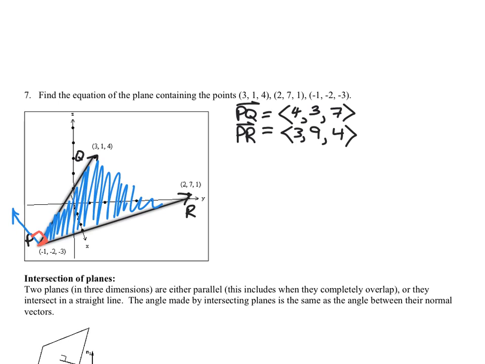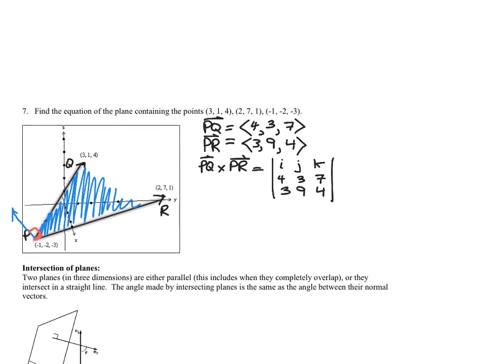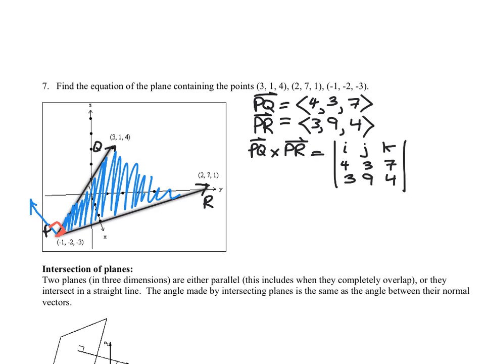The way we do that is by computing the cross product. So I need PQ crossed against PR. All right, we have a little bit of computation ahead of us.